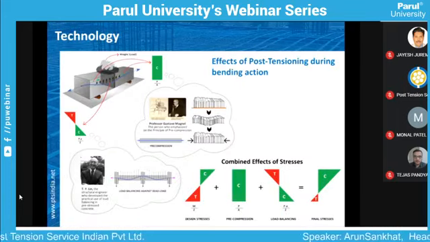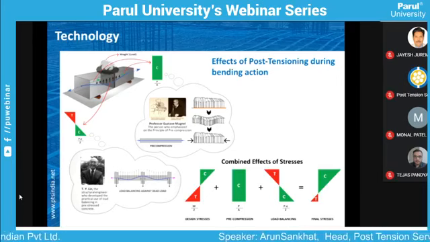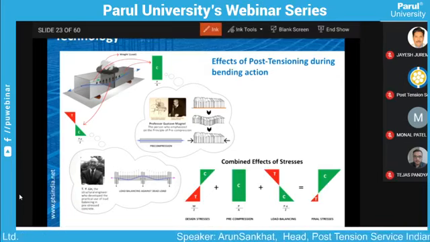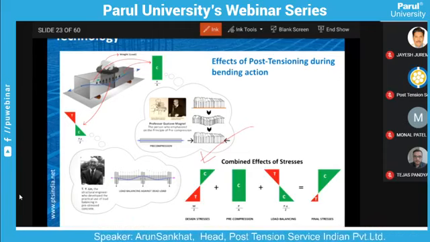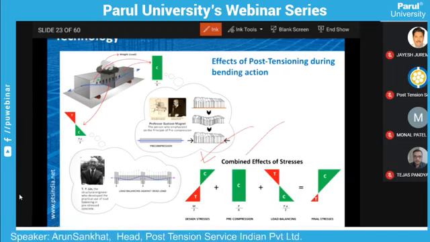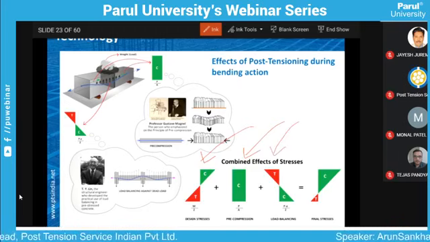So in a nutshell, now you have all three actions here. This is the RCC stress diagram, wherein there is compression at the top and tension at the bottom. This is the pre-compression due to pre-stressing. This is weight balancing due to pre-stressing.